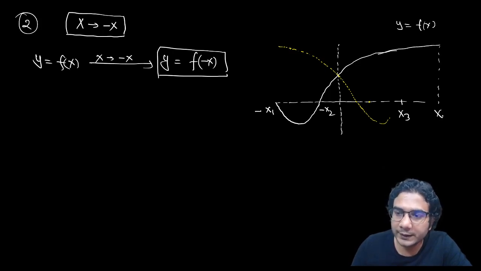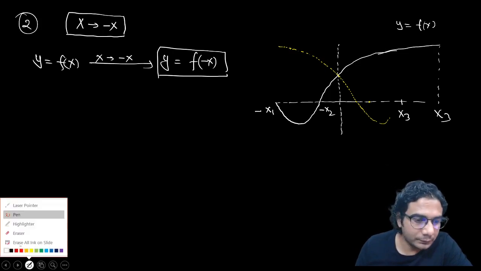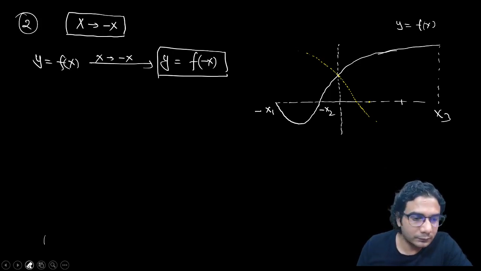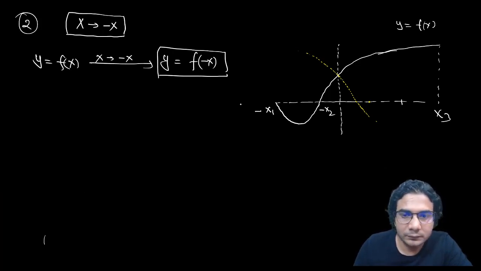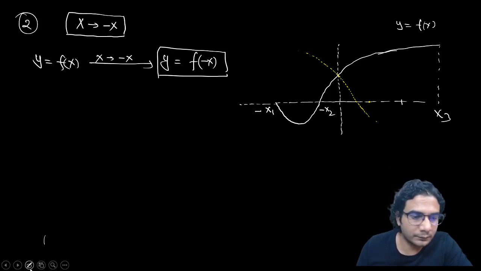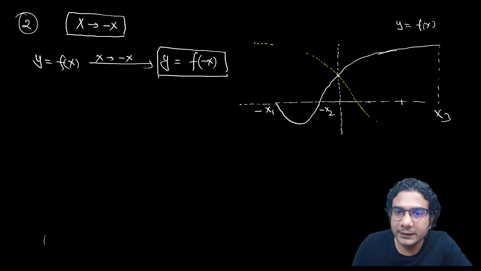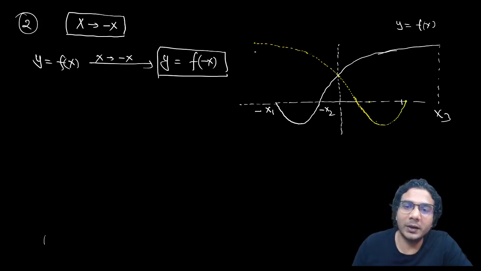Let's take this point as x3. This is the reflection of the right side part of f of x, which is on the right side of the y-axis. Okay, so now let's write the points.